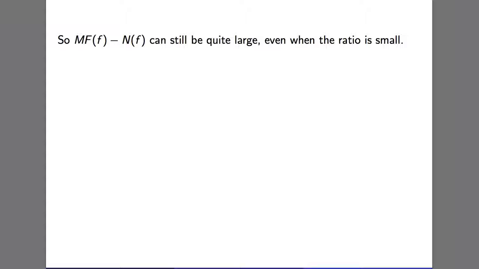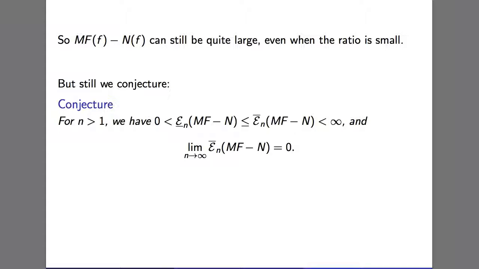I'm just trying to give you a feel for what the difference is. The actual difference can still be quite large, even when the ratio is small. But even so, we are pretty confident that this should be true. So our conjecture is that for any n, we have this. The expectations should be positive, more than 0 we expect, but also finite.